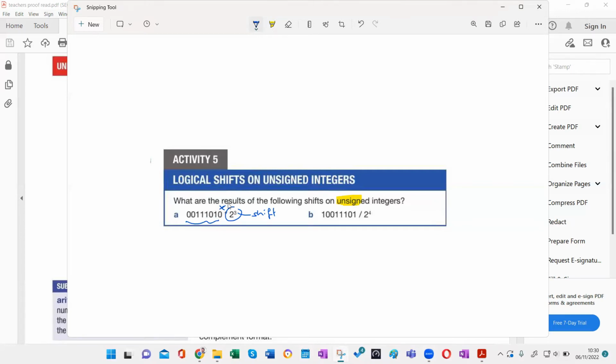In other words, moving the bits to the left 3 places will result in multiplying the number by what? So by 128, right? No. What I'm asking is this number will be multiplied by what?